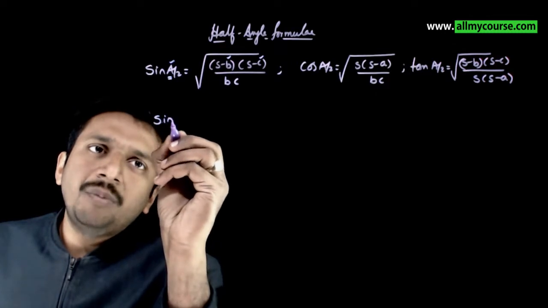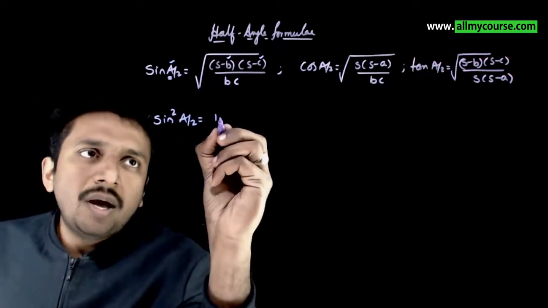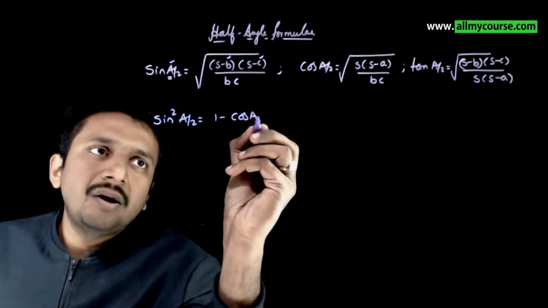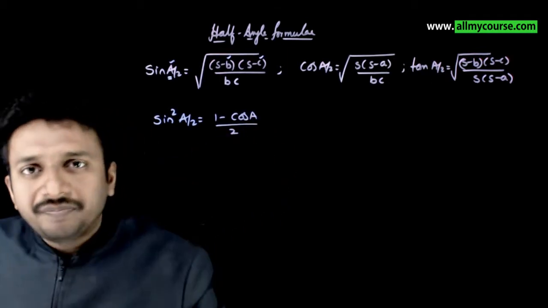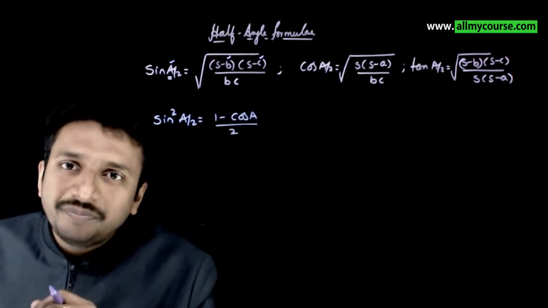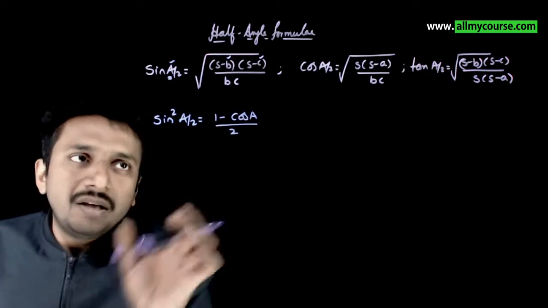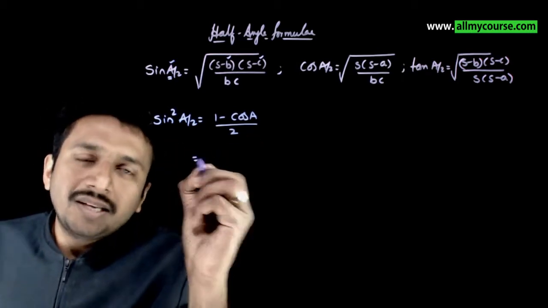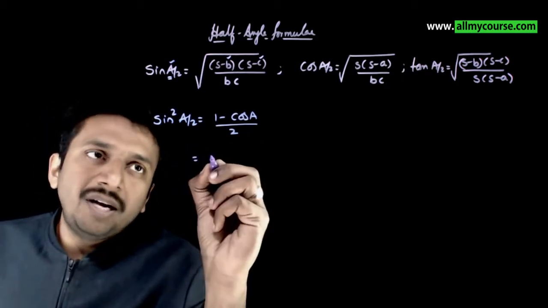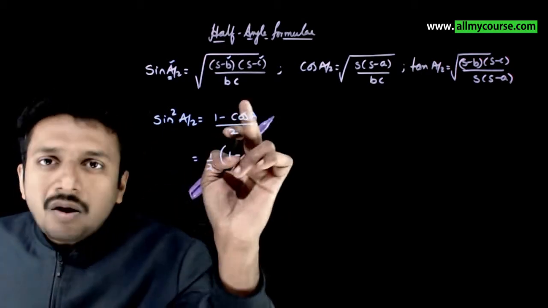From trigonometry, we know that sin square of A/2 is nothing but (1 minus cos A) by 2. So 1 minus cos A is 2 sin square A/2, or cos A is 1 minus 2 sin square A/2. From this formula, sin square A/2 is 1/2 times (1 minus cos A).